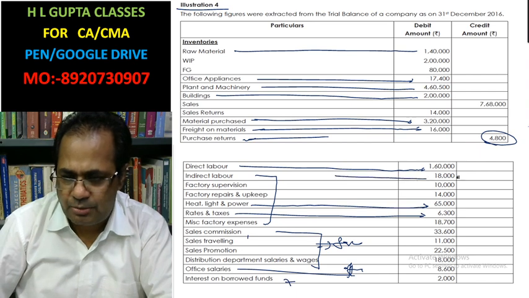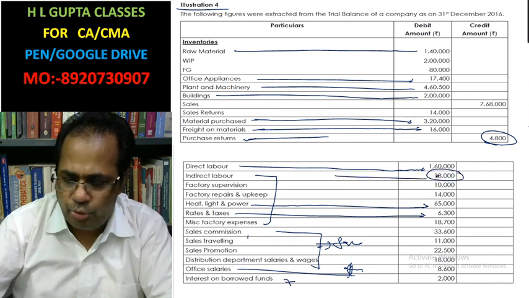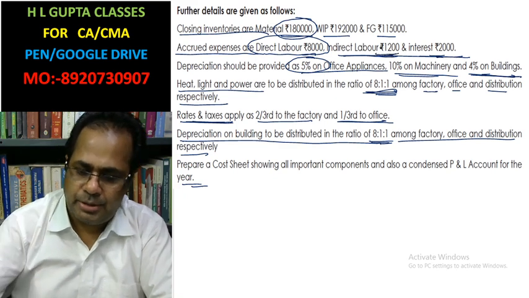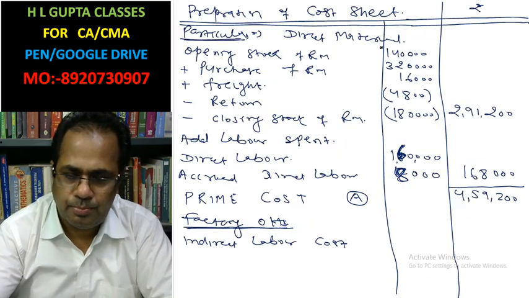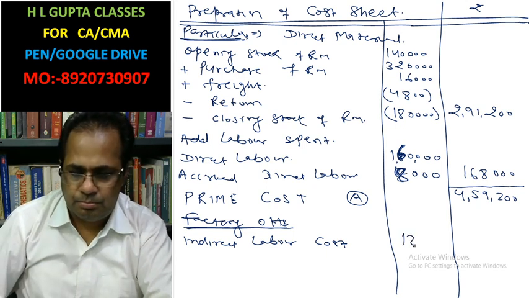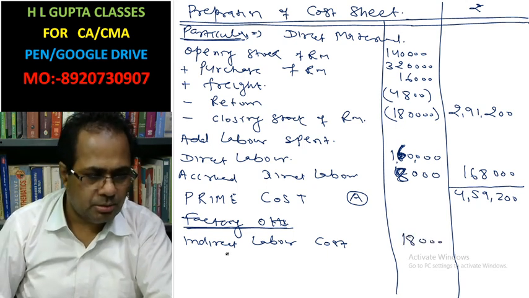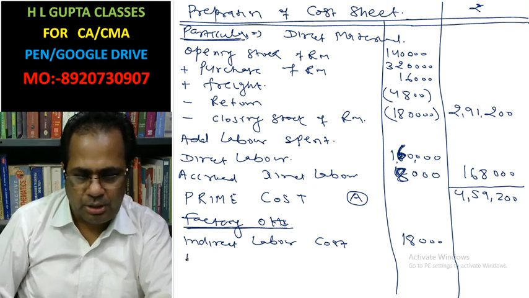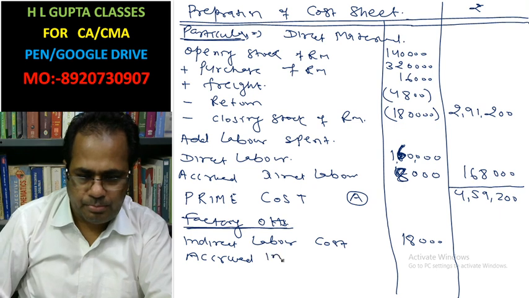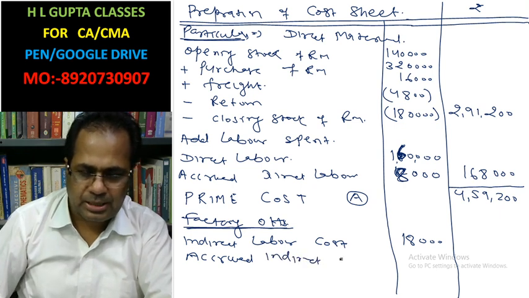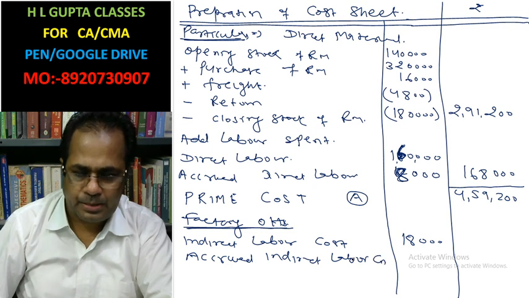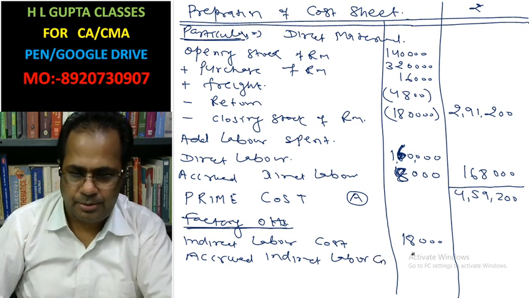Accrued indirect labor is given here 1,200. Indirect labor 18,000. Accrual indirect labor cost, that is 1,200.